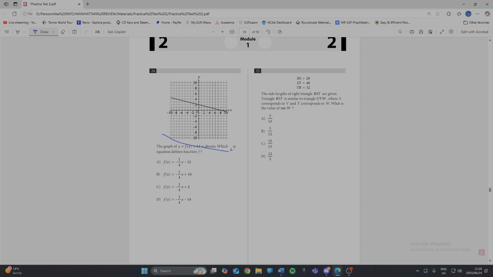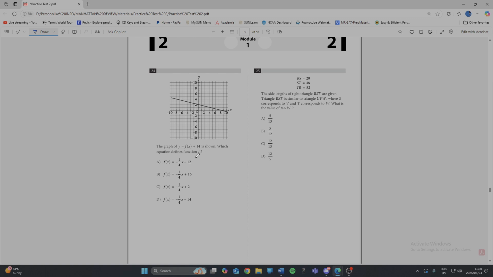It would have to be somewhere there. Sorry for that bad drawing, but it would have to be somewhere on the lower side. It says which equation defines the function f.